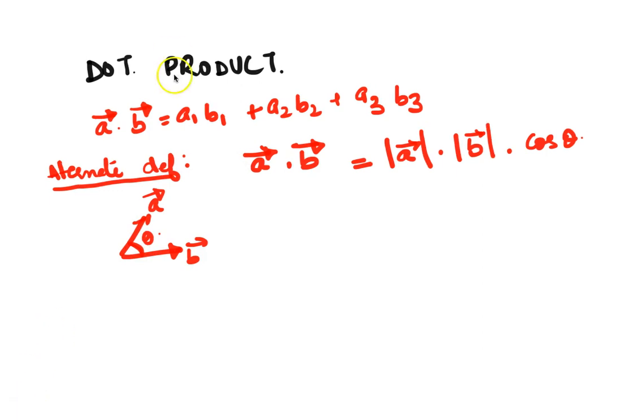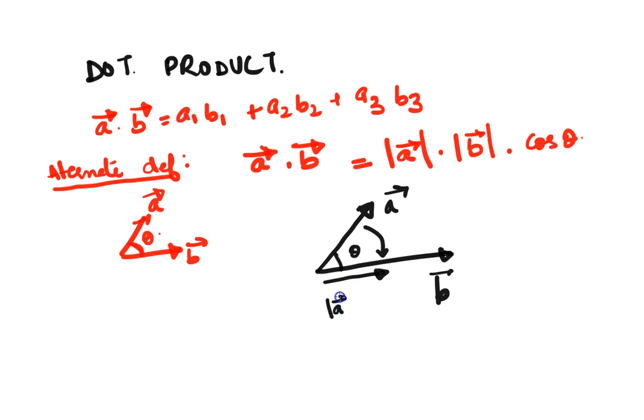What does that mean geometrically? Geometrically, it means that if you have a B vector and A vector with angle theta, then if you project vector A on B, these two are in the same direction, and when you multiply them, this is a scalar quantity in the direction of B multiplied by another scalar quantity in B, which will give you the formula A cos theta, A vector B vector cos theta.